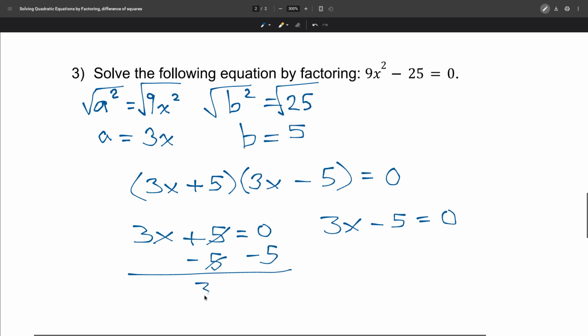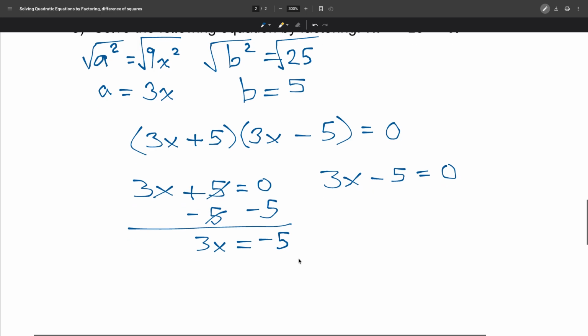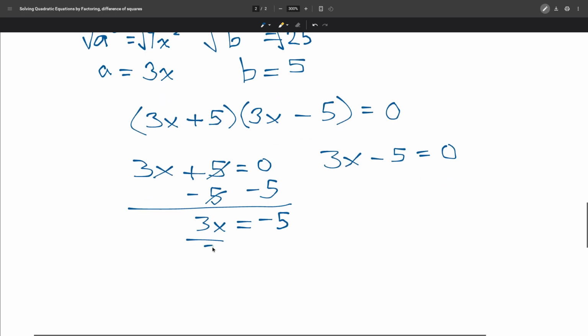We're left with 3x equals negative 5. Okay, then we divide both sides by 3. And we get x equals negative 5/3 is one of our solutions.